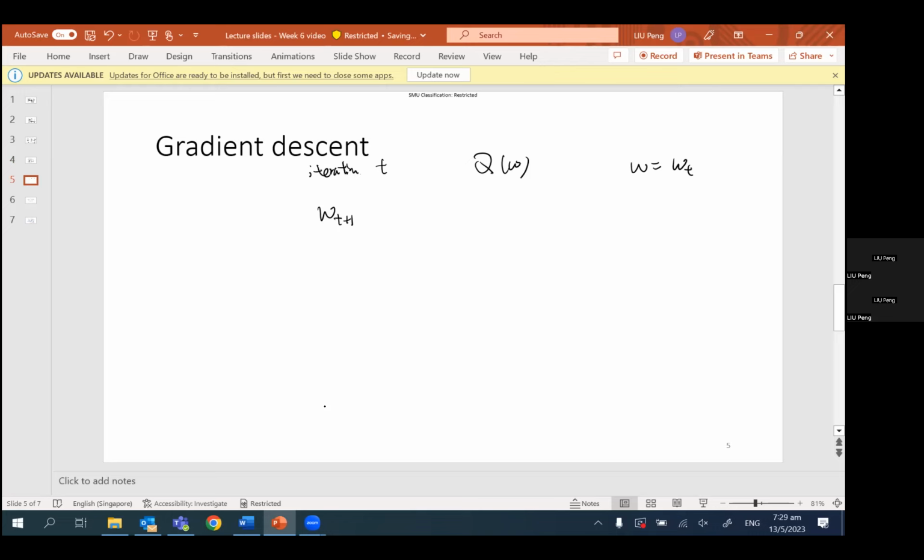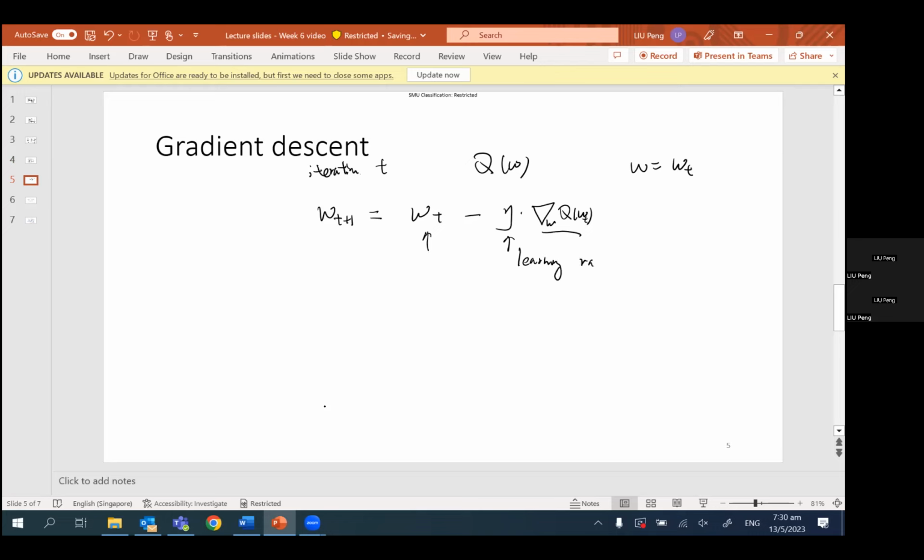So how do we change the weights so that they minimize the loss? We get the value of the weights by this simple algorithm. So this is eta times the gradient of Q, the cost function, with respect to W. This is WT because it is iteration T. So we take the current value of W, calculate the gradients, which can be positive or negative, and then multiply by eta, which is called the learning rate.